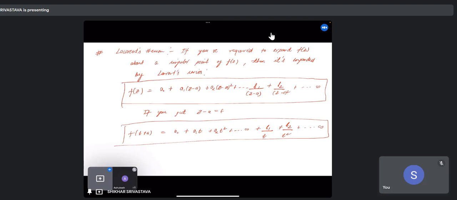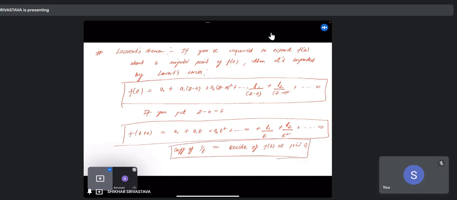The coefficient of 1 by t in a Laurent series expansion of any complex function is a very important term. It is called the residue of the function, the residue at the point a0. I will be covering residue a little later.